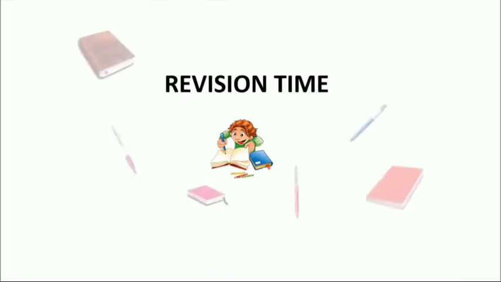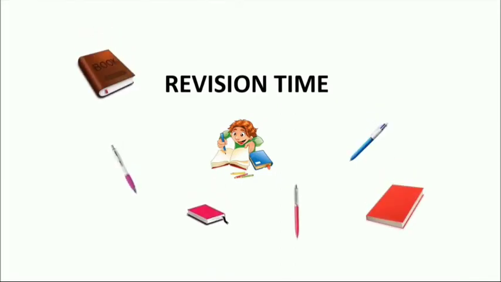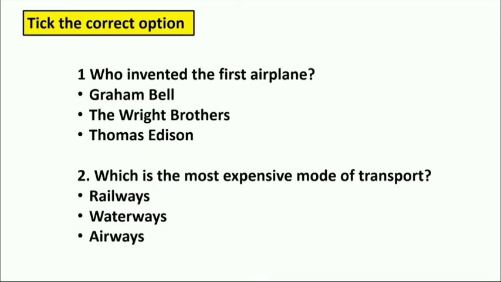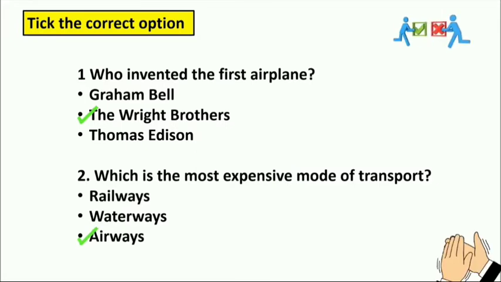Children, it's revision time now. Let's revise the chapter. Number 1. Who invented the first airplane? Graham Bell, the Wright brothers, Thomas Edison. Tick the correct option. Yes, it's the Wright brothers. Number 2. Which is the most expensive mode of transport? Railways, waterways, airways. Yes, airways is the most expensive mode of transport.